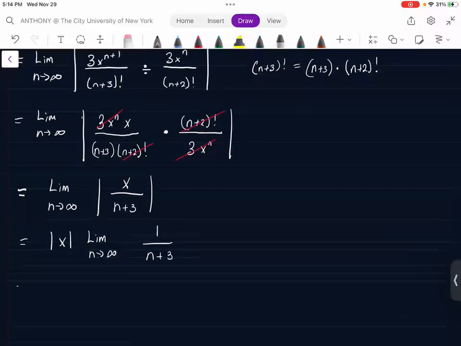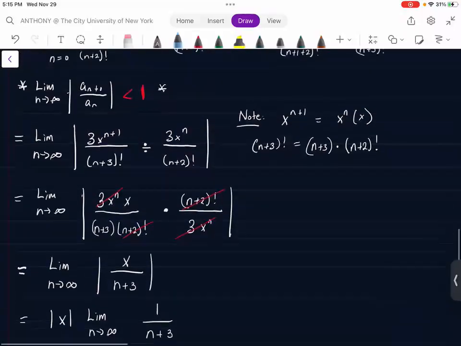So what you'll have is the absolute value of x times 0. No matter what value of x you plug in, no matter what real number, your answer is still going to be 0. And what do I know about 0? When I compare it to 1, it's always less than 1. So this is true for all x.